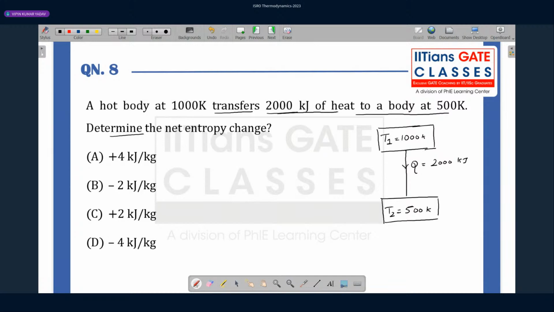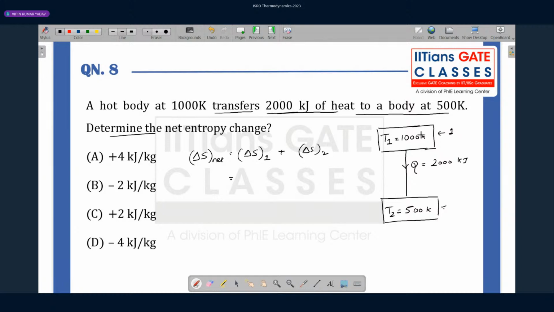Determine the net entropy change. Net means total entropy change. So what is total or net entropy change? It is basically the entropy change in the first system and the entropy change in the second system. One is the system, the other is the surrounding. Now you have to know what formula we can apply here.